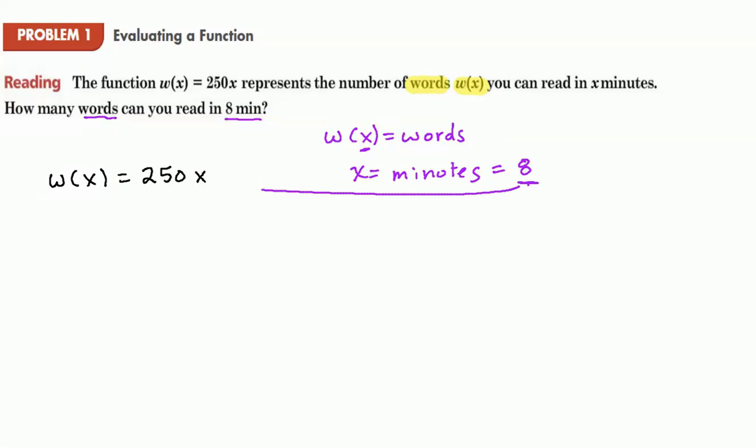We're going to plug this value into the x here and here. W, and for x, we're going to plug in the 8. So this means w of 8, because 8 is our x. That's going to equal 250, and x is 8 minutes, so we're going to plug in 8.